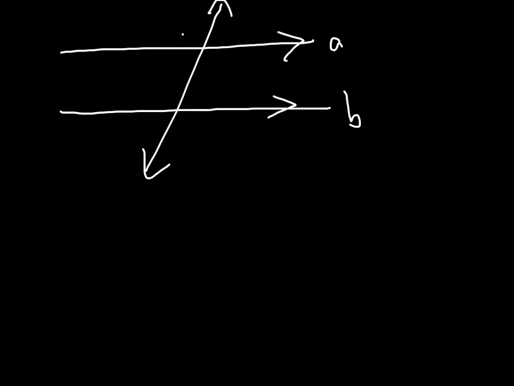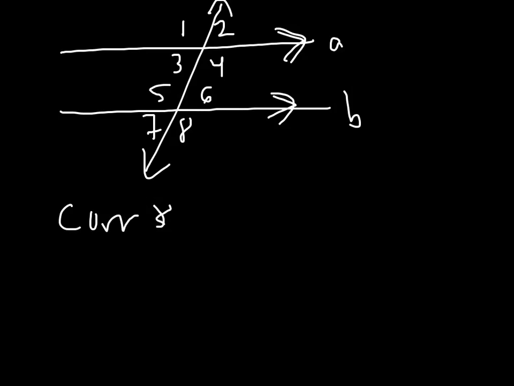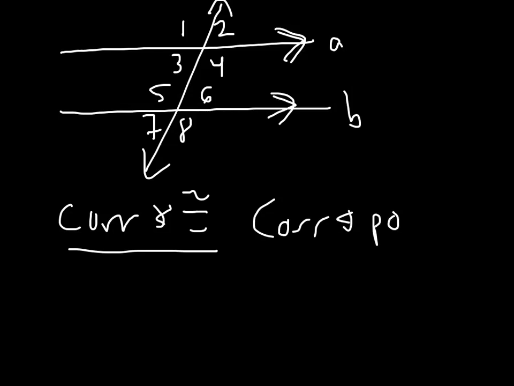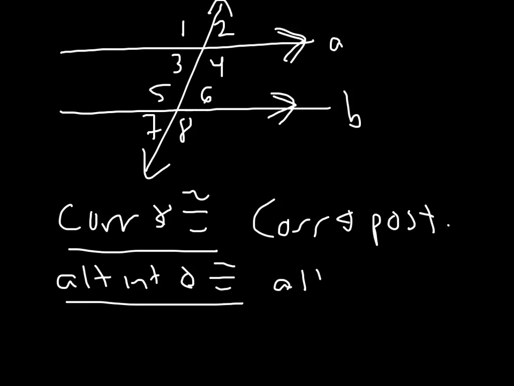now we have different relationships for those angles. If the lines are parallel, the corresponding angles are congruent, and that is called the corresponding angle postulate. The alternate interior angles are also congruent, and that's called the alternate interior angle postulate.